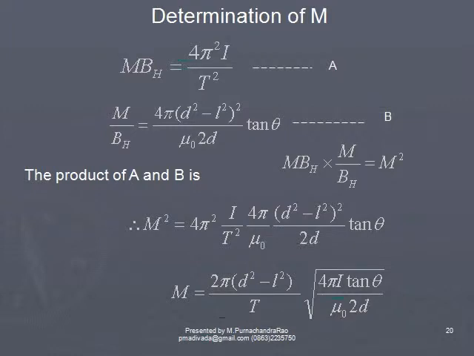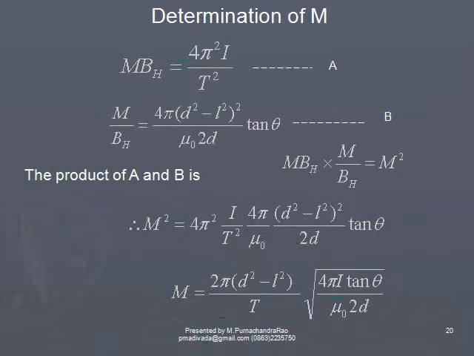We call the above relation A and the second relation B. The product of A and B is MBH into M by BH, that is equal to M square.